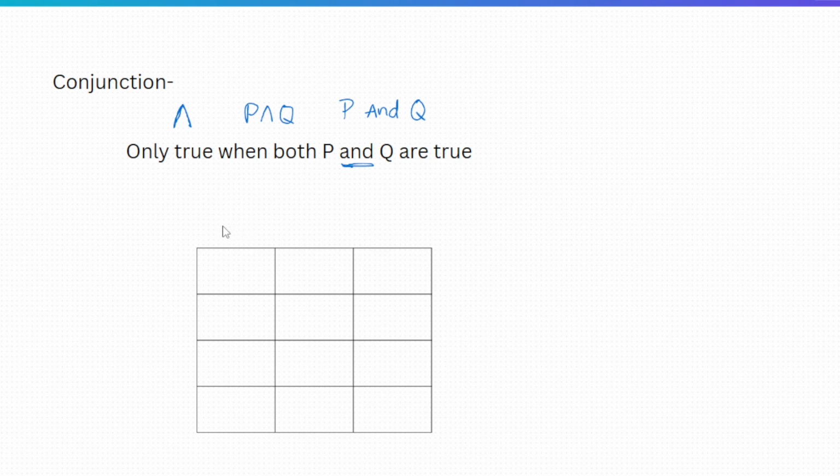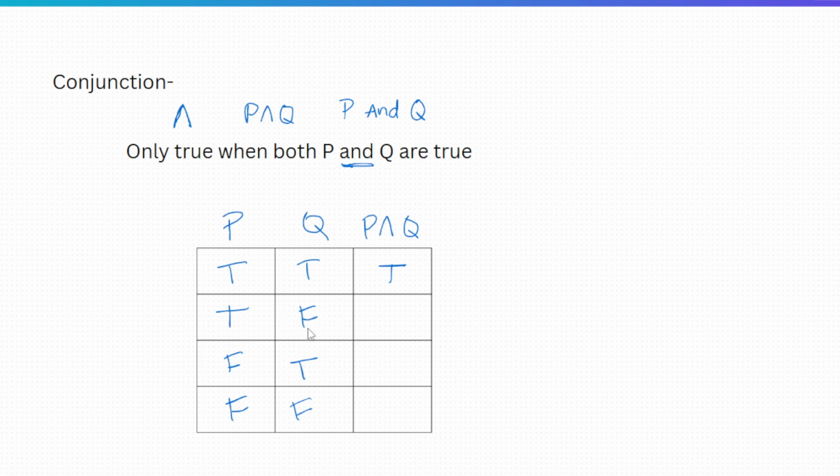Looking at a truth table here, we have P, Q, and P conjunction Q. For the first one, P is true and Q is true, so our conjunction is going to be true. For the second one, P is true and Q is false.